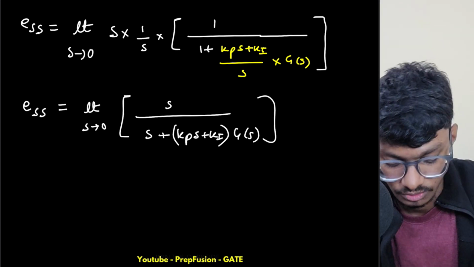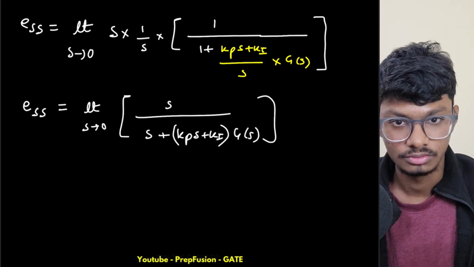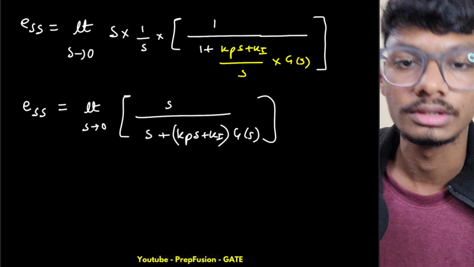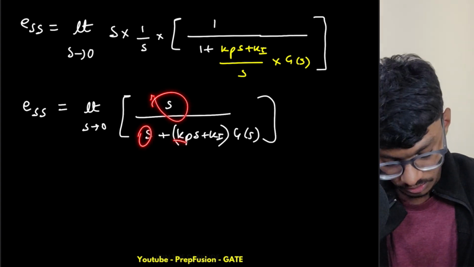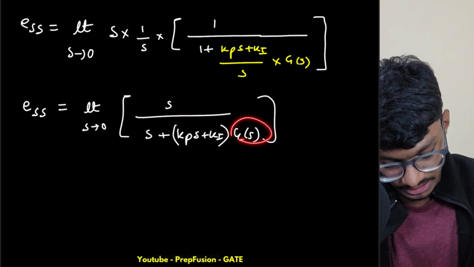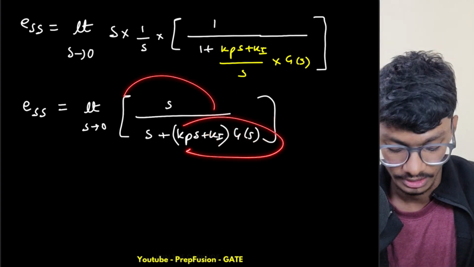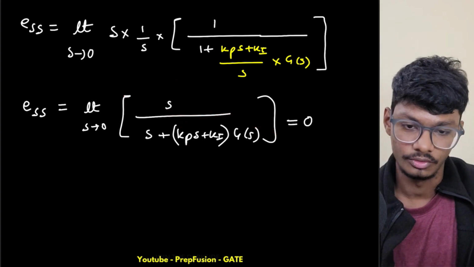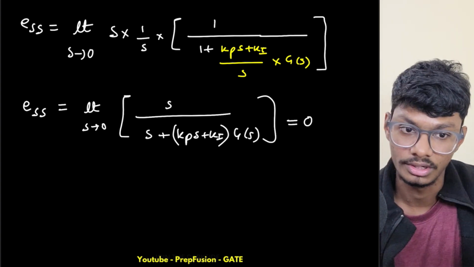Now can we put s equal to 0? Is there any undetermined form? If I put s equal to 0, this will go 0, this will go 0, but this is K and this is Ki, so 0 upon Ki into K. This is some finite value in the denominator and the numerator is 0, so 0 upon some finite is 0 itself. So our steady state error is going to 0 completely. Hence it is proved that we can totally reduce our steady state error.